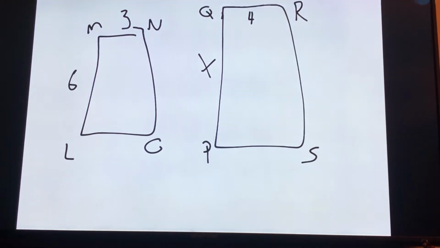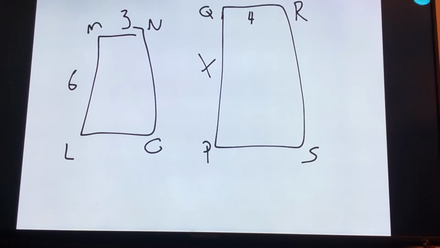And we're trying to find PQ. One thing we need to know is if it's a rectangle, 2 sides are the same, so 2L plus 2W is the perimeter of the rectangle. So let's try to set this up.